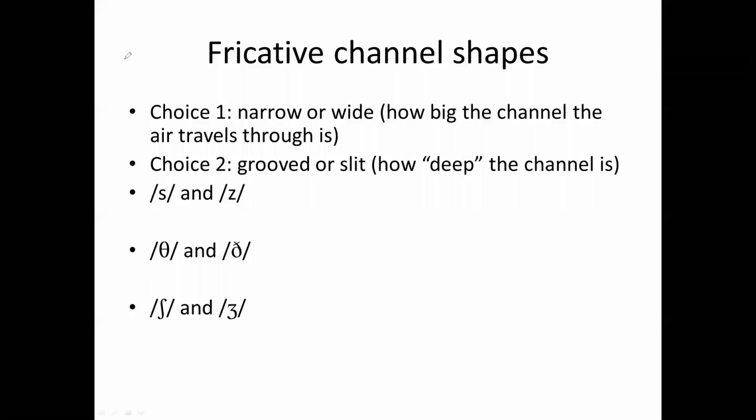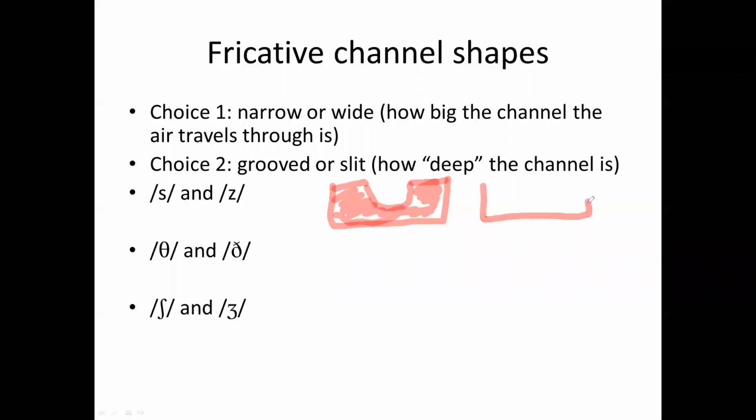So maybe I will try a drawing here. If we consider this box to represent our tongue, and here's the divot or indentation we make into our tongue to shape the way that air is flowing through. So it can be a deep, grooved sort of shape. So I'm going to fill this in. This is your tongue.